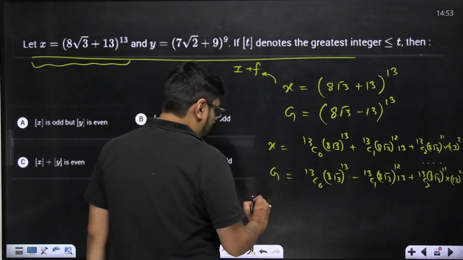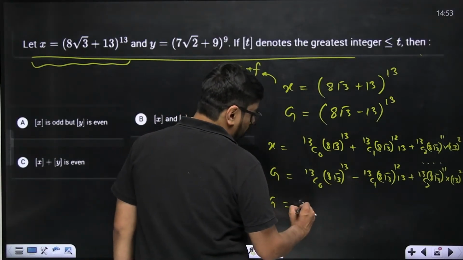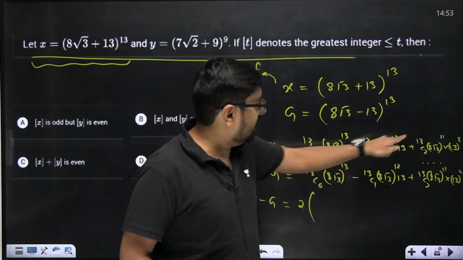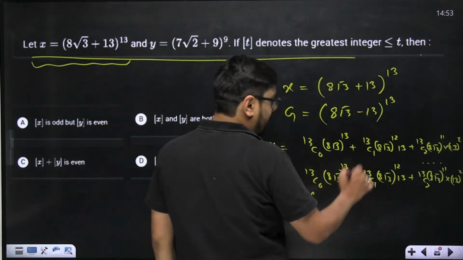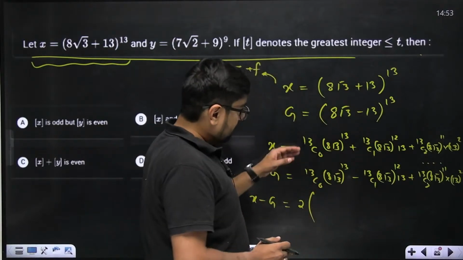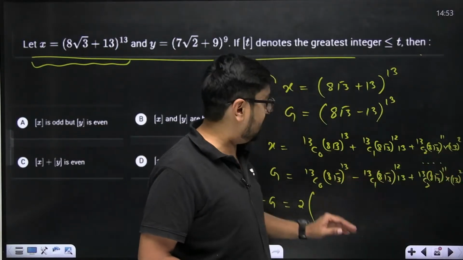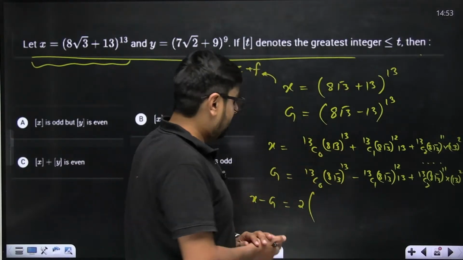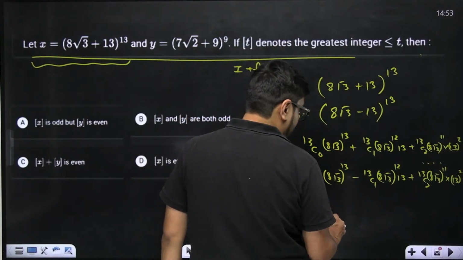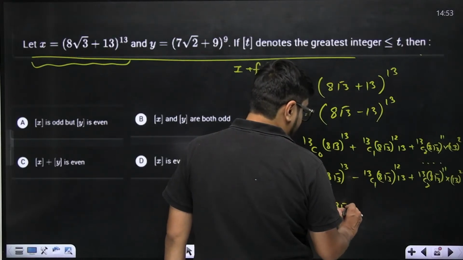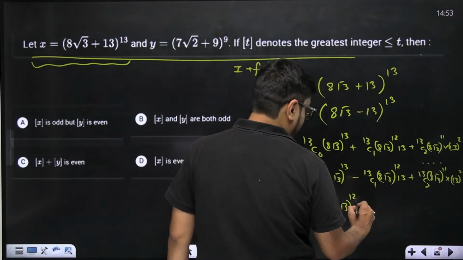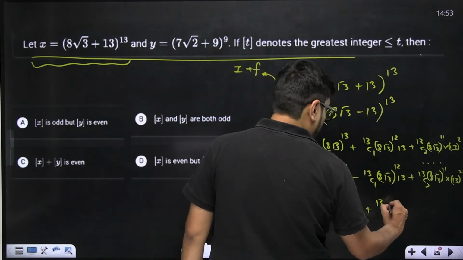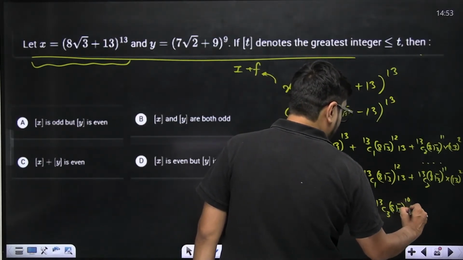So when I do x minus g, the odd powers of the irrational number will get cancelled, and the terms where the irrational number has even power will get doubled: 13c1 into 8 root 3 to the power 12 into 13, plus 13c3 into 8 root 3 to the power 10 into 13 to the power 3.